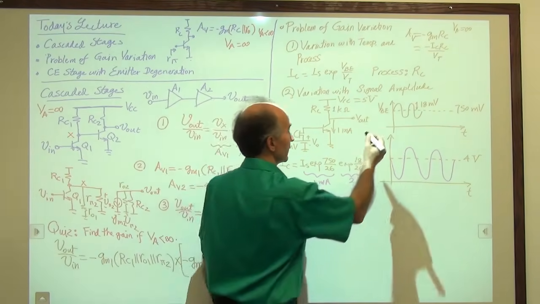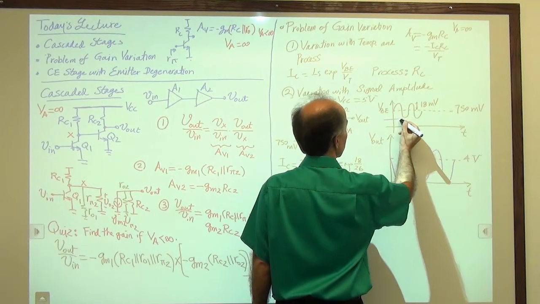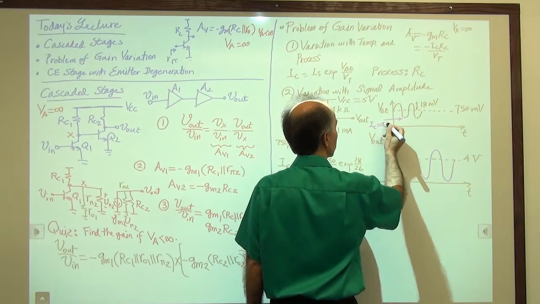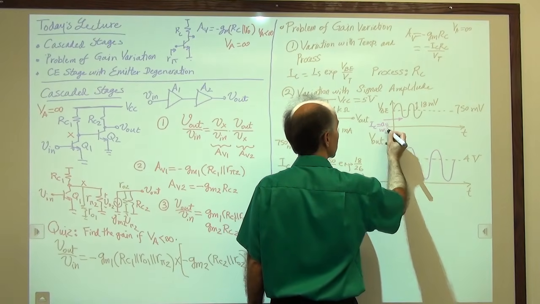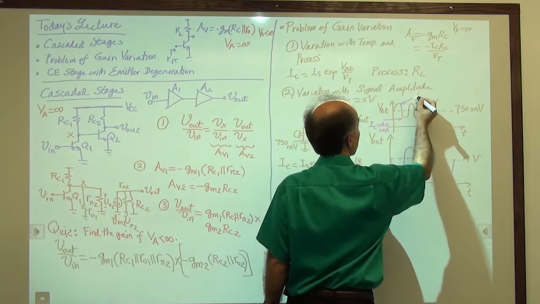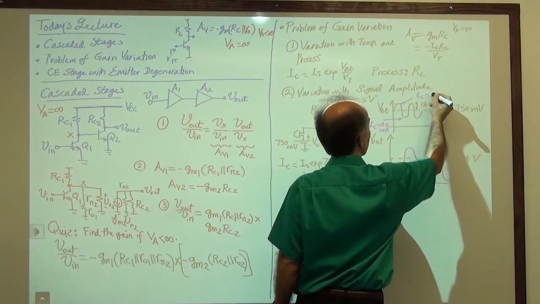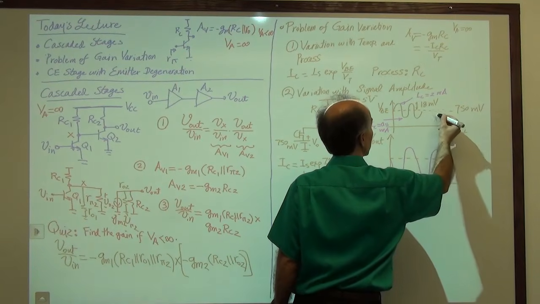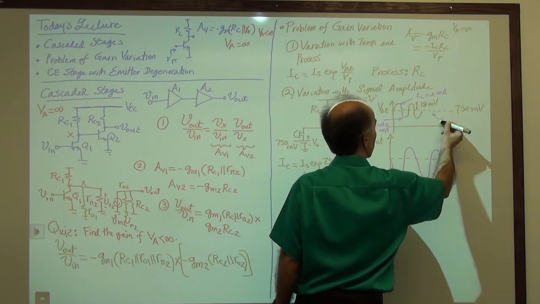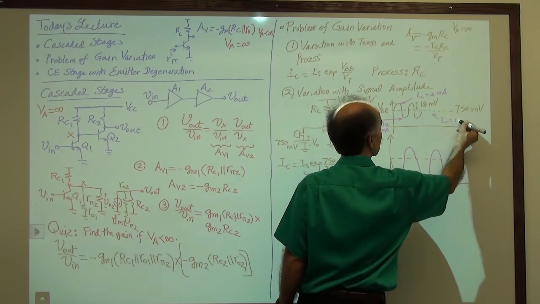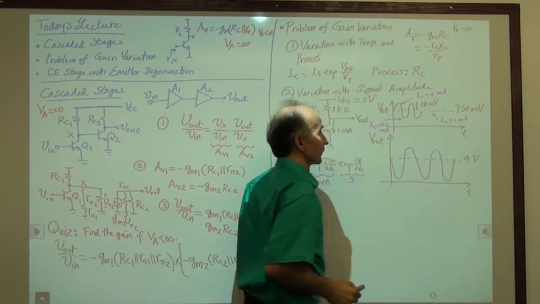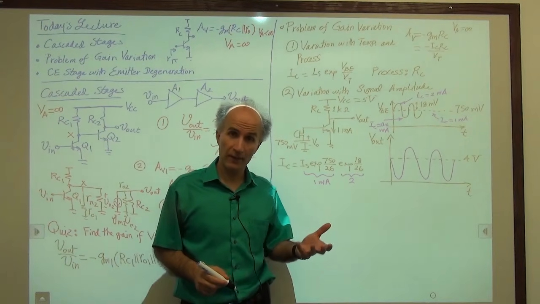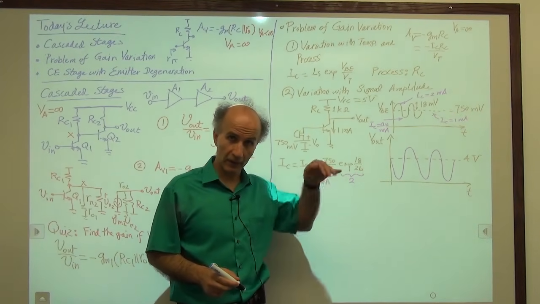So let me just summarize everything that we have discovered. At this point, IC is 0.5 milliamps. At this point, IC is 2 milliamps. And at the bias point, IC is 1 milliamp. So the GM of the transistor is not constant with time as the signal comes in.